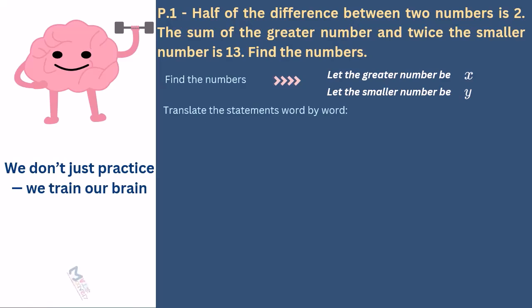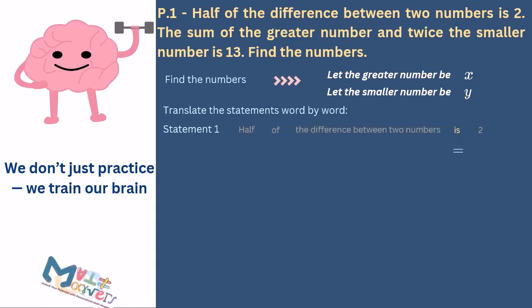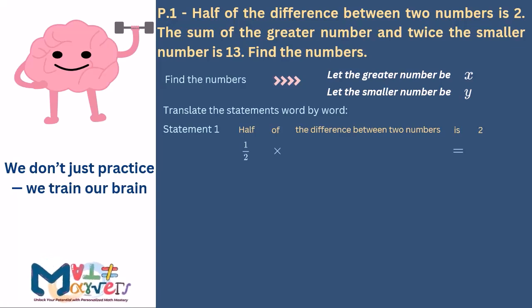Statement 1. Half of the difference between two numbers is 2. The first thing we spot is the word is. That becomes an equal sign. Now LHS, it says half, meaning 1/2. The word of means multiplication. And the difference between two numbers is x minus y, since x is greater than y.